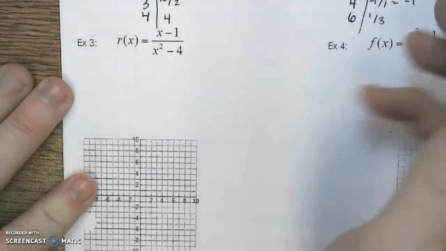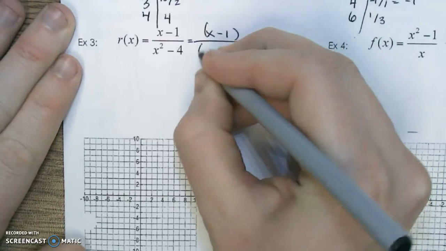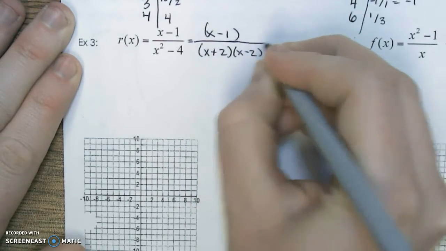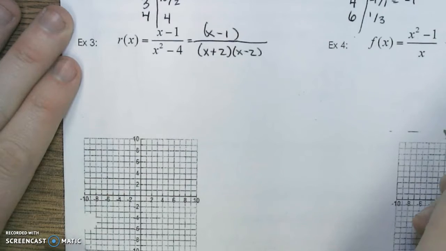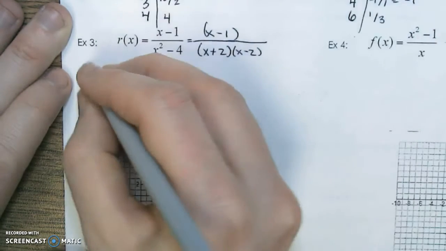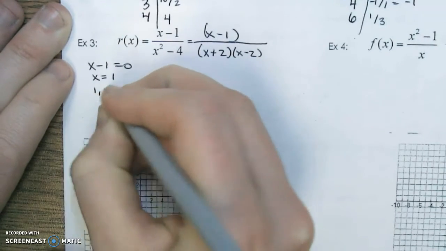Example 3. Let's factor. So we have x minus 1, and we have x plus 2, x minus 2. So that'd be step 1. Step 2, find any intercepts. If I set the top equal to 0, I get 1. So it's going to cross at 1, 0.